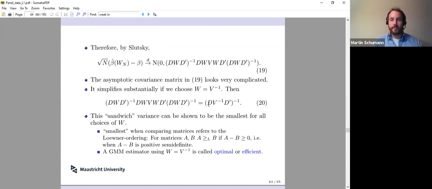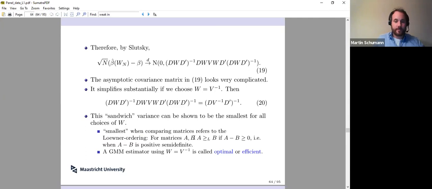And this sandwich form here on the right-hand side of 20 is a fantastically tasty sandwich. Because it is the smallest sandwich, let's say it has the least calories of them all, it's the smallest sandwich with respect to the Löwner ordering. Now, what is the Löwner ordering?